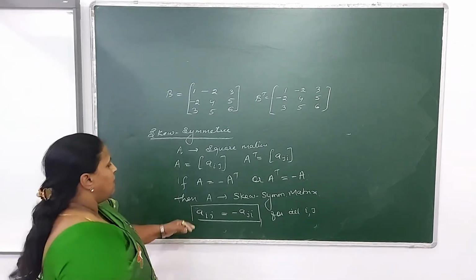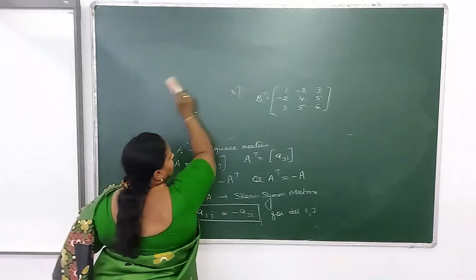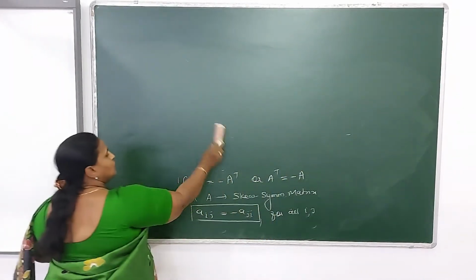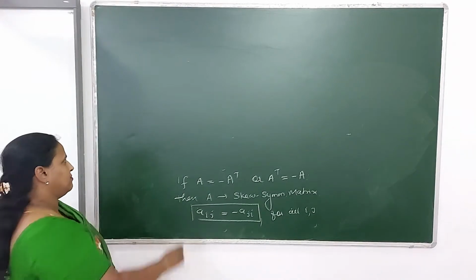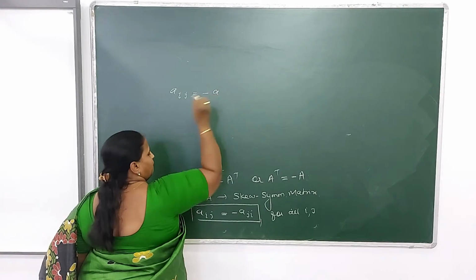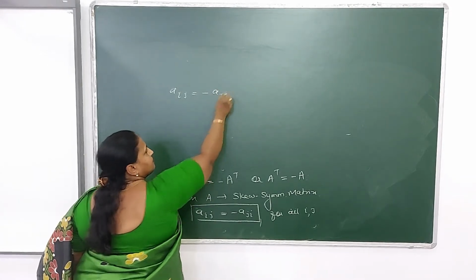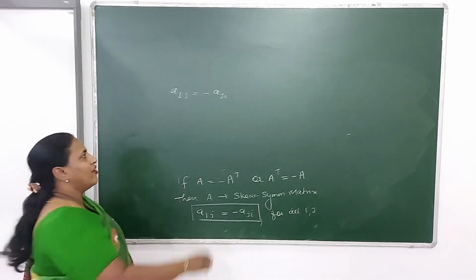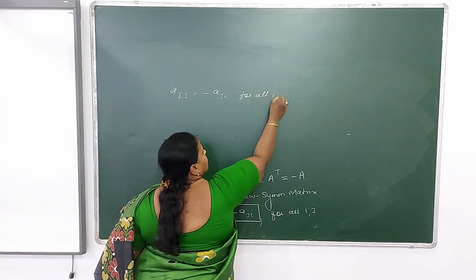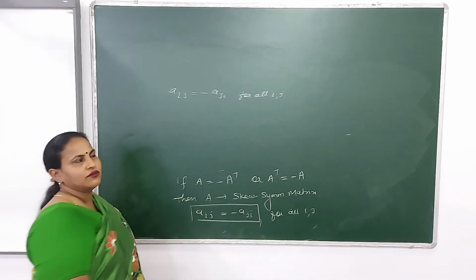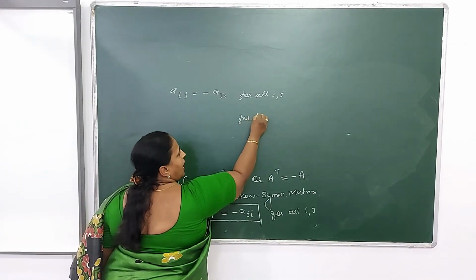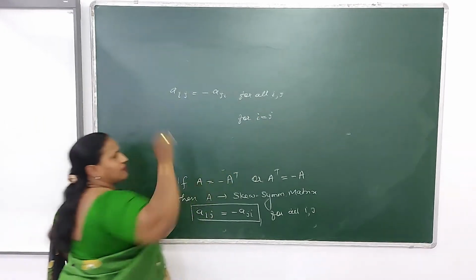One more important thing. In case of skew symmetric matrix, we are getting Aij equal to minus of Aji for all i, j. Now, let us apply a condition here for i is equal to j.